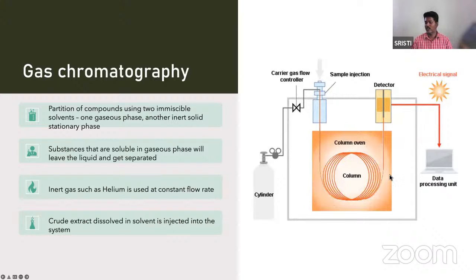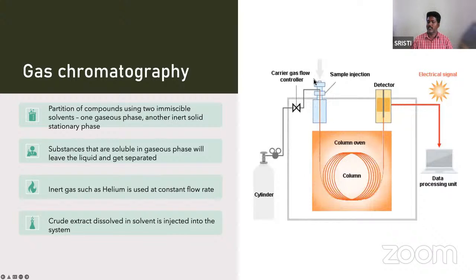The column is a spiral column, a minimum of 5 meters in length. Such a long, spirally wound column is placed inside an oven, and it is maintained at a high temperature. When the sample is injected and the gas flow is started, it passes through the column.